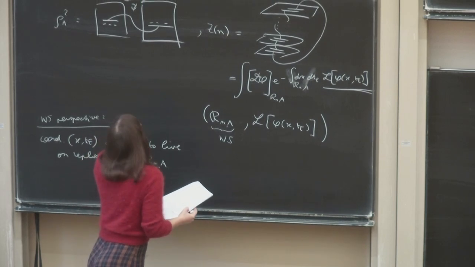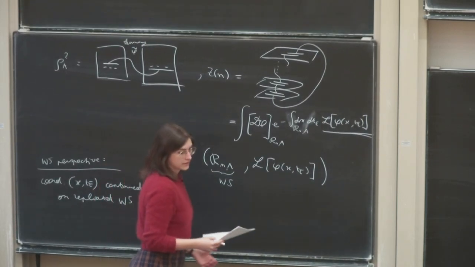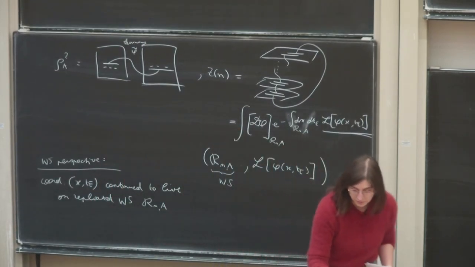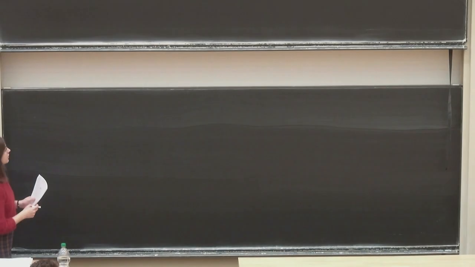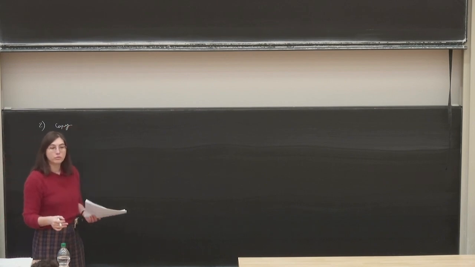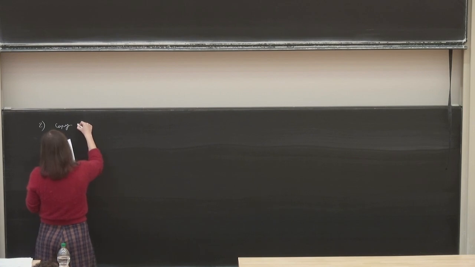Good. Now I'll need some space, so I go to the middle board, for the second perspective on the same construction, okay? The second perspective is that you do not copy your geometry, you copy your field content, okay? So that's the target space perspective.